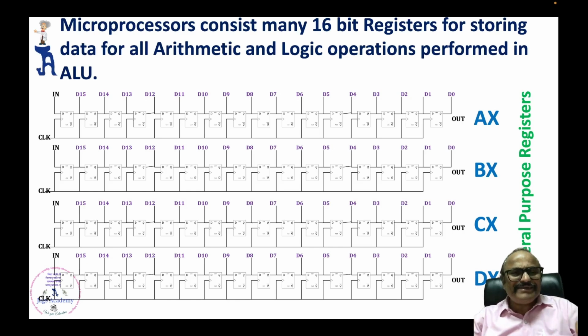When you have multiple registers, to identify these 16-bit registers, they have to be named. Right? Whenever you want to name any object, we name it as A, B, C, D like that. In a similar way, in 8086 microprocessor, these registers are named AX, BX, CX and DX.